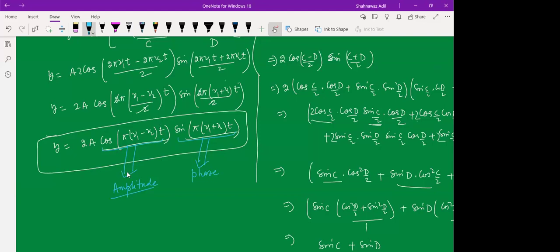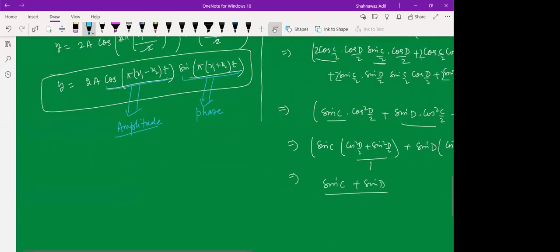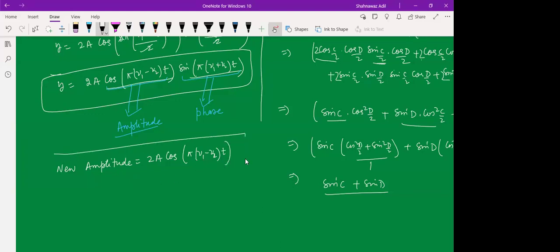So this part contributes to the amplitude, and to the maxima and the overall amplitude. The new amplitude would be how much? This is 2a cos of pi (nu 1 minus nu 2) t. This is the new amplitude.